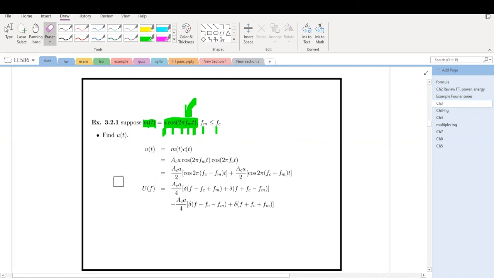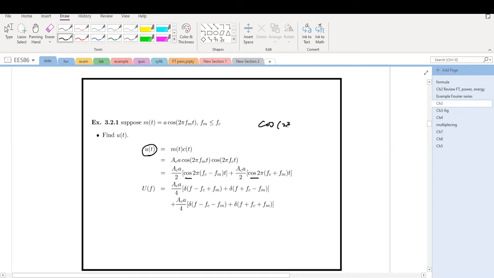Now, the next question is to find the spectrum of the modulated signal. For the spectrum, you take the Fourier transform of this time domain signal, right? So we take the Fourier transform of this signal here, but this signal is two cosine signals. So each cosine signal gives two delta functions.